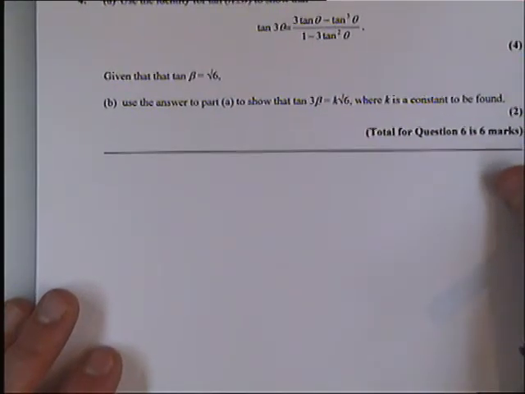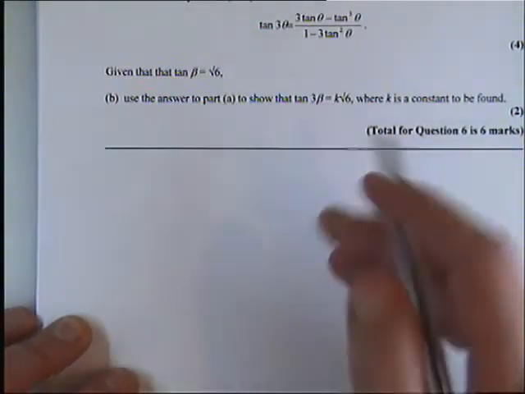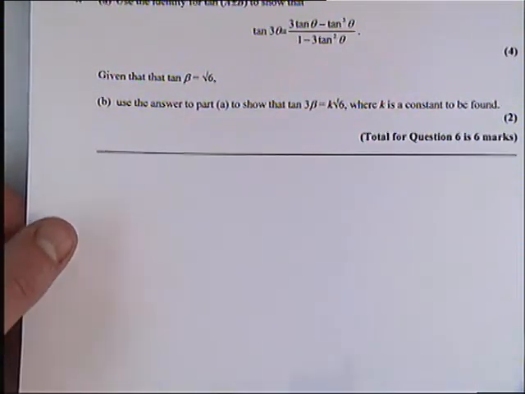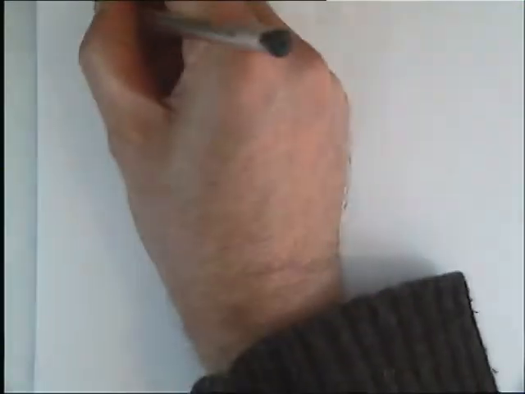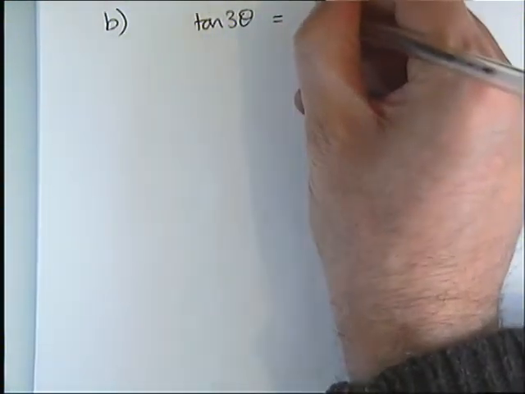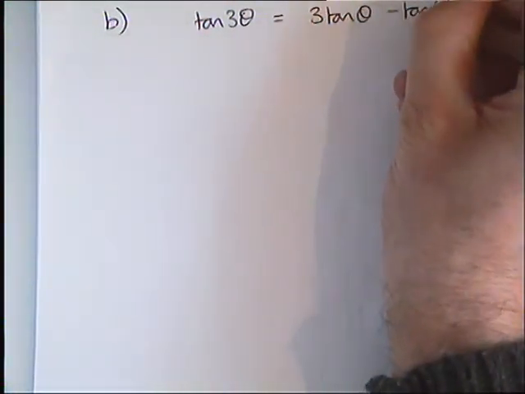So if we have a look at part B, it says, given that tan beta equals root 6, can we use our answer to part A to show that tan 3 beta equals k root 6? So we have to find that value of k. So I'm going to use the result they gave us in part A. Notice how you can do this even if you didn't manage to do part A correctly.